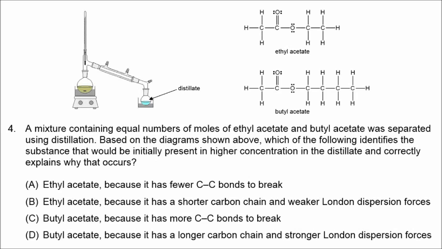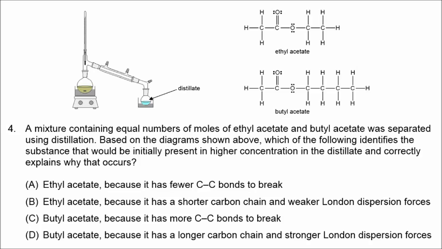Number 4 is really about the difference between ethyl acetate and butyl acetate in terms of their boiling points. When you heat up this mixture and you undergo distillation, you're separating these two substances on the basis of their boiling point. The first chemical to appear in the distillate would be the one that has a lower boiling point.